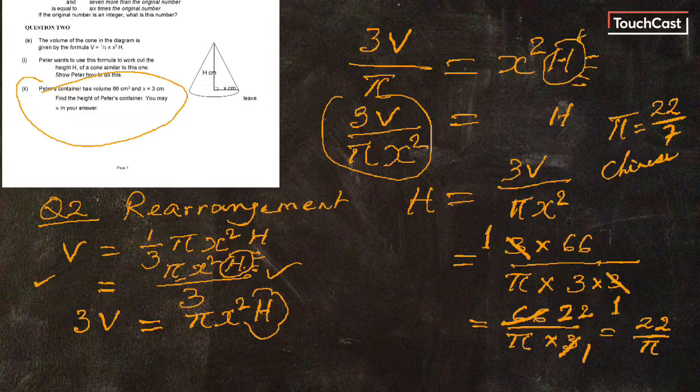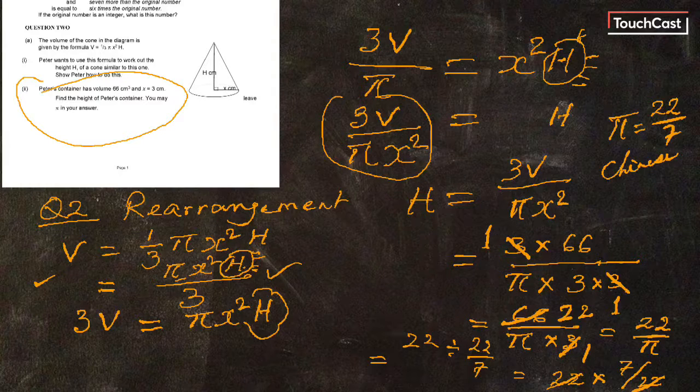So if I divide 22 by 22 over 7, that is a fraction. That makes it harder for the students. If you go for the reciprocal, 7 over 22, I think the answer is 7. 7 what? We are talking about height, so it'll be 7 centimeters. I'll stop there.